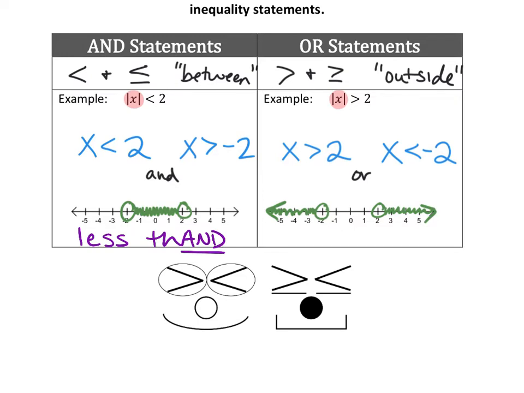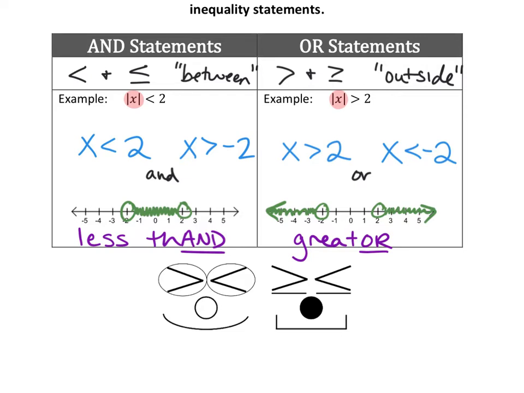An and statement. If you misspell the word greater, this is not how you spell it, I know that. If you misspell the word greater, what kind of statement is it? Or. So the word itself will help you remember if it's and or. Less than, and statement between. Greater, outside, it's an or statement.